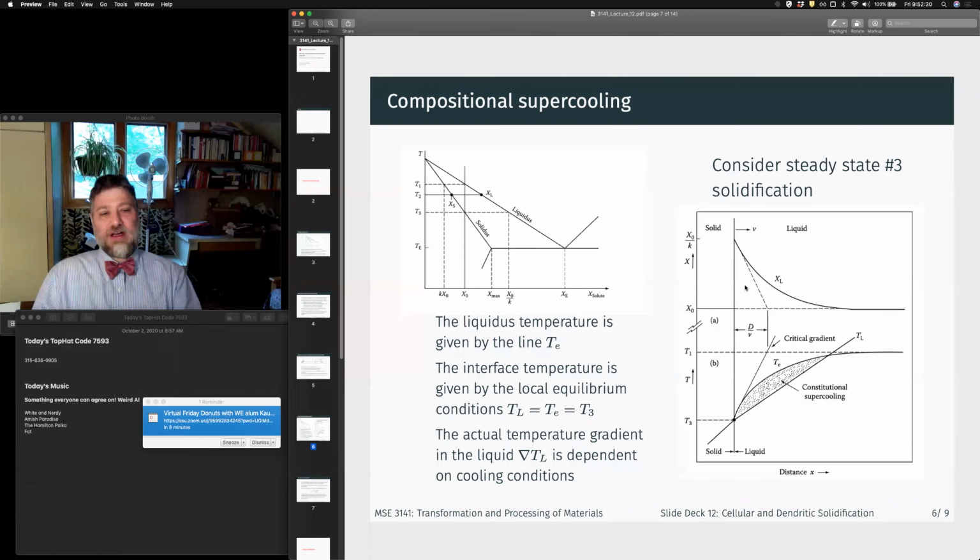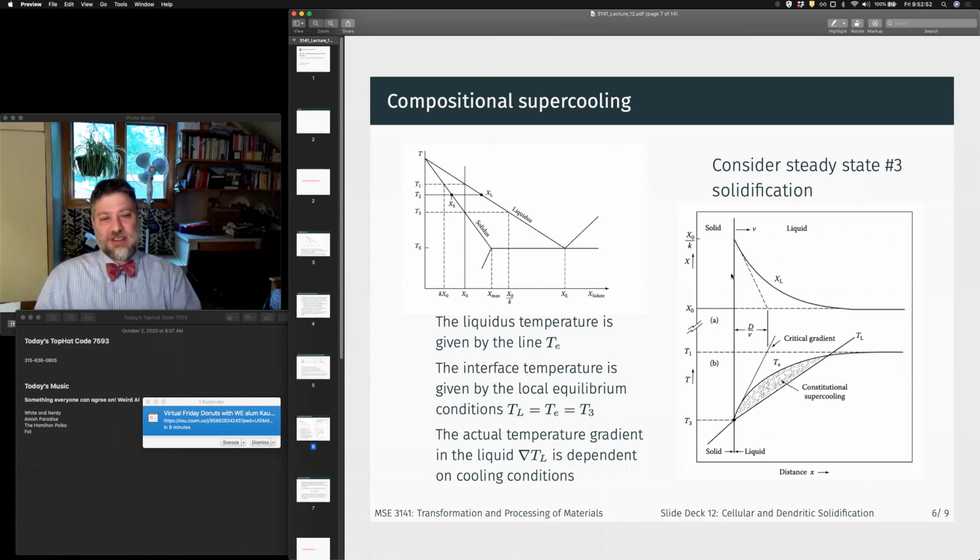If I have a constant temperature of my liquid right in front of this interface, I know that's not a physical situation, but let's just pretend we have a constant temperature in the liquid and then a step function at the interface to the temperature of the solid.